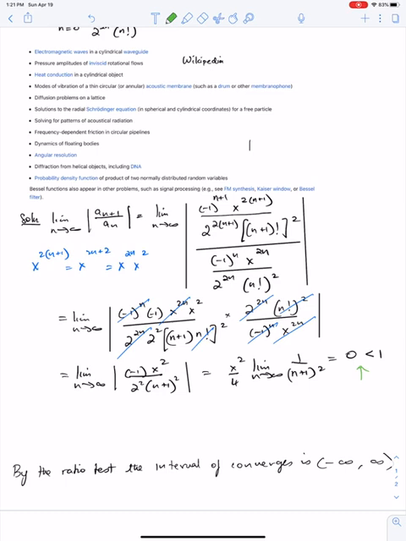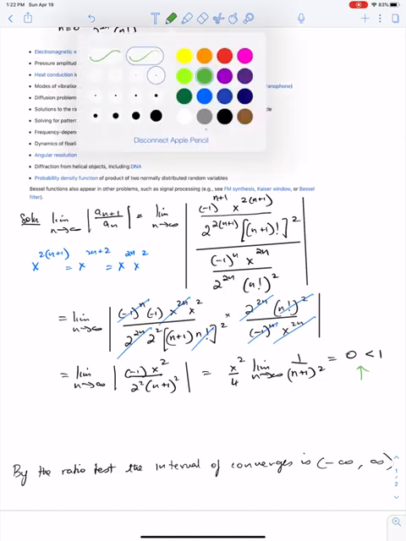And 0 is definitely less than 1. Right? So it holds for all real numbers. I'm just looking at the previous example to show you what happened there.